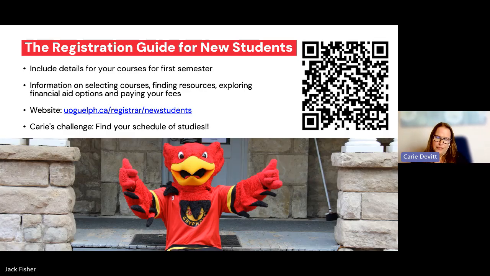And when you open that page, it has information written by me about what you need to do to get ready and register for first-year courses. My challenge to you, if you're up for the challenge, is within the program information section for your degree, try to find the link to your schedule of studies and navigate to it so you can actually see those 8 semesters, 2.5 credits in each that I was talking about earlier.